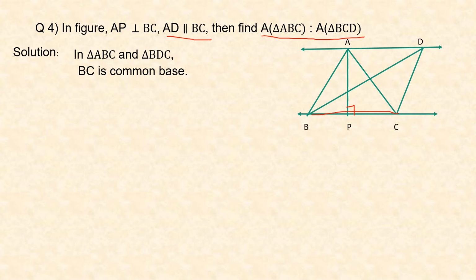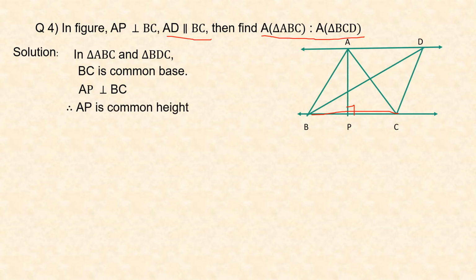Here AP is perpendicular to BC and this perpendicular height is height of all triangles that lie between these two parallel lines. What will be the height of any triangles drawn between these two parallel lines? It will be the same.